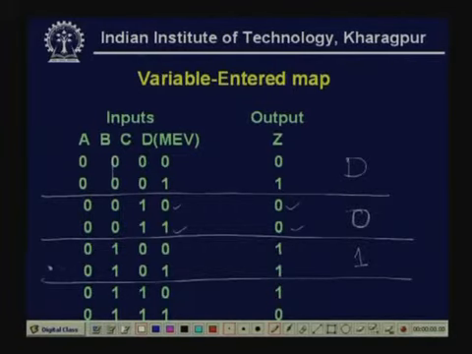So this is the combination A bar, B, C bar. Earlier previous one it was A bar, B bar, C. This is A bar, B bar, C bar. This is A bar, B, C, and this is 0 1 1 0, which means it is actually complement of D, D bar.